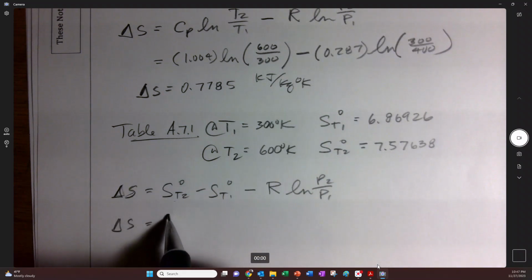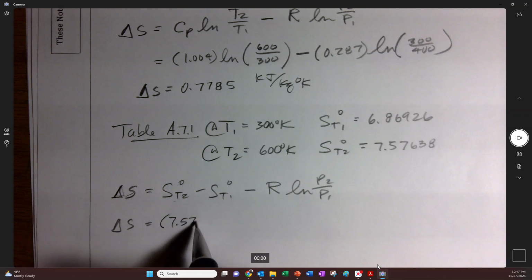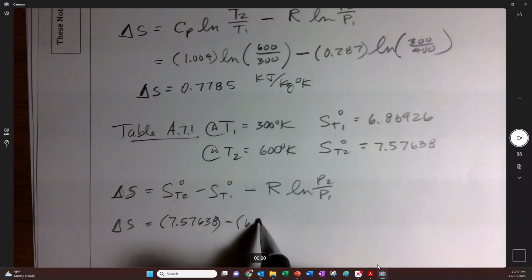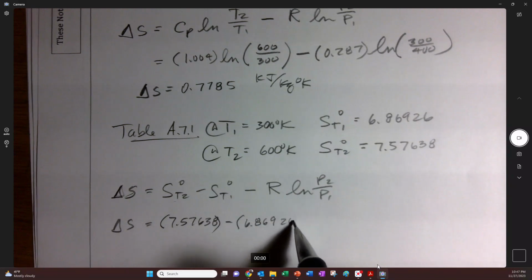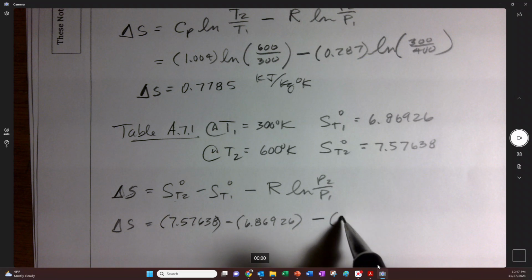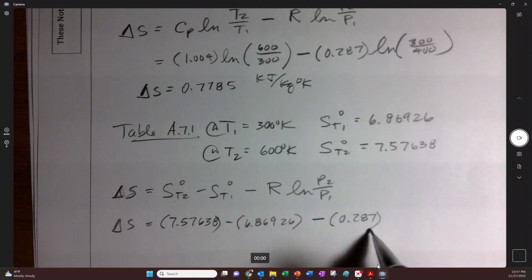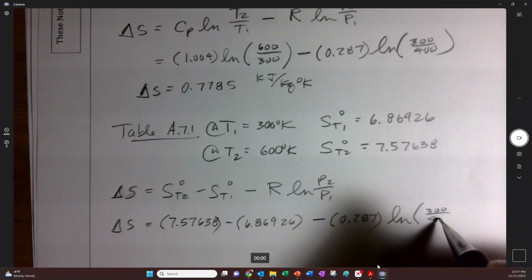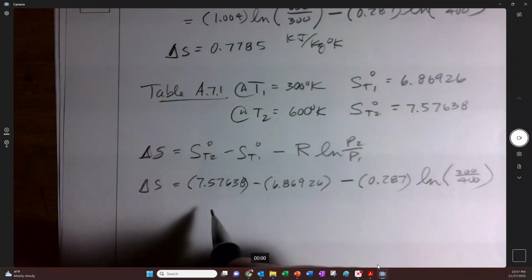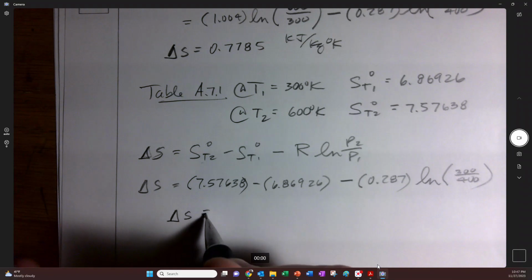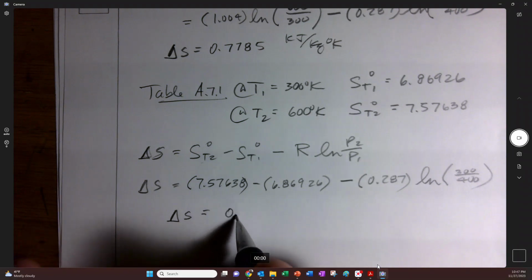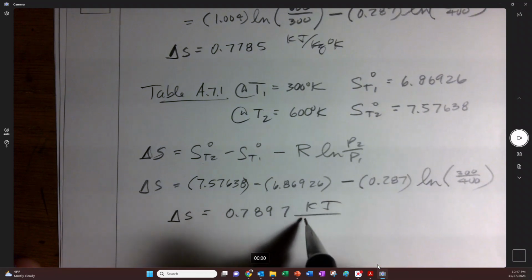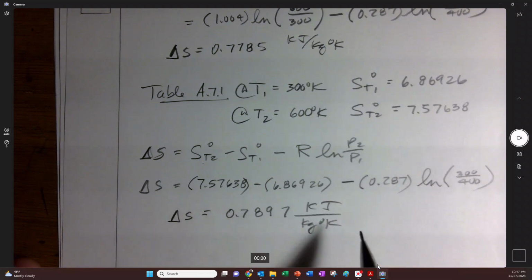So we'll go 7.57638 minus 6.86926 minus 0.287 natural log of 300 over 400, and what we'll end up getting is 0.7897 kilojoules per kilogram degree Kelvin.